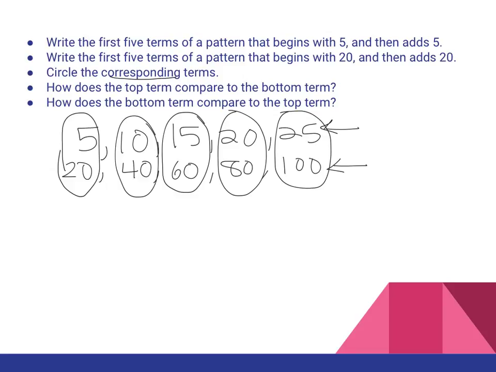I know that we would divide 100 by 4 in order to get 25, but that is still talking in terms of the bottom compared to the top. I need to know how the top compares to the bottom. So I will use the reciprocal of 4, which is 1/4, and say that the top term is 1/4 the bottom.